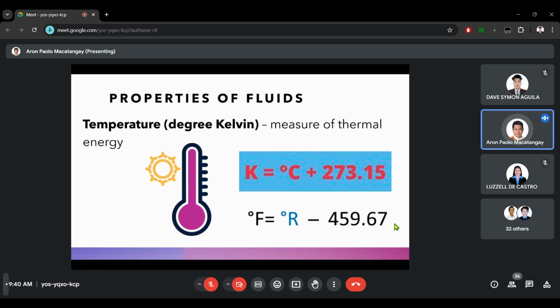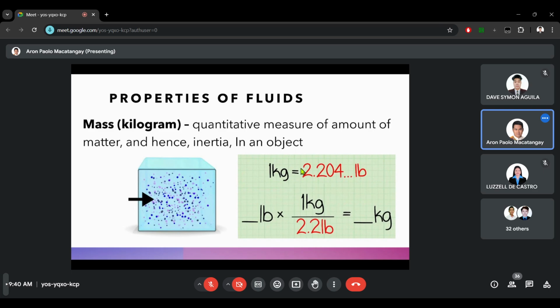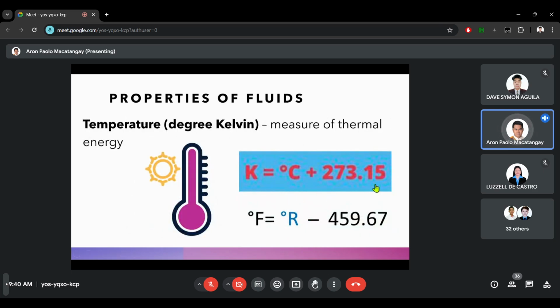Again, for uniformity and consistency, we will be using these conversion values, including the two decimal digits, for our computations, regardless of how many significant digits are prescribed in the final answer. So for mass, we have 2.204. For temperature, we have 273.15 and 459.67 for Kelvin and Rankine, respectively.